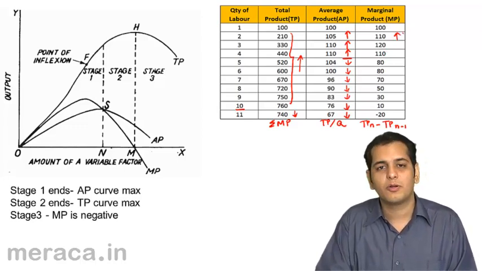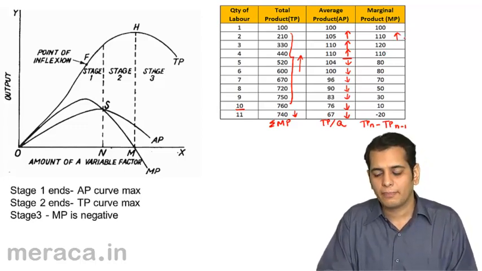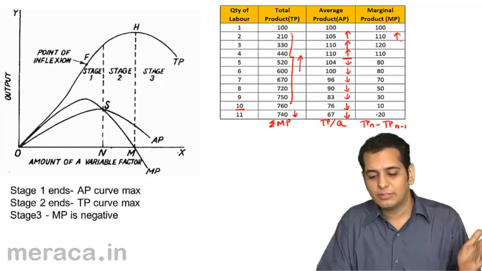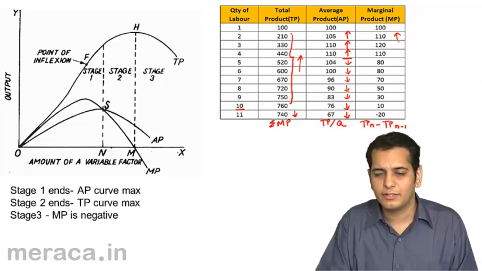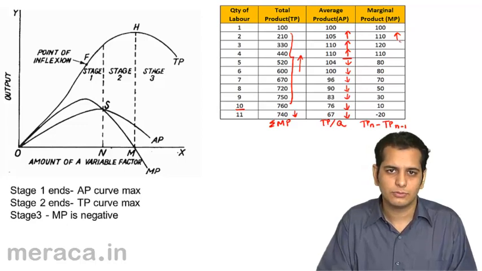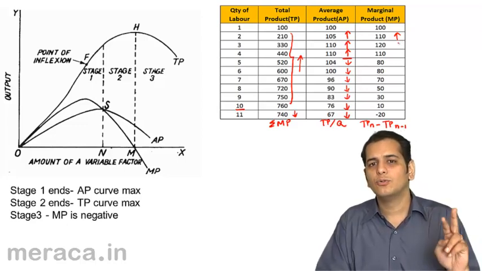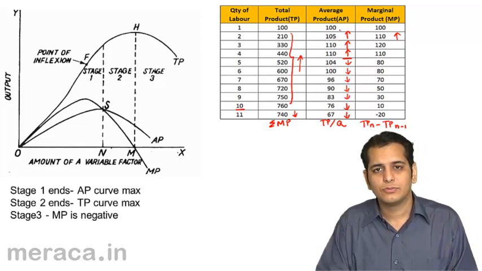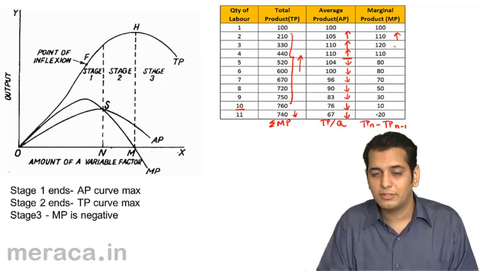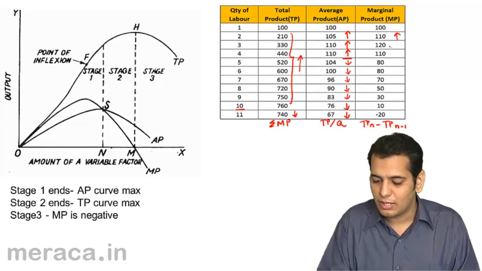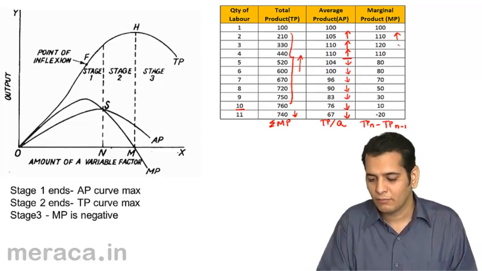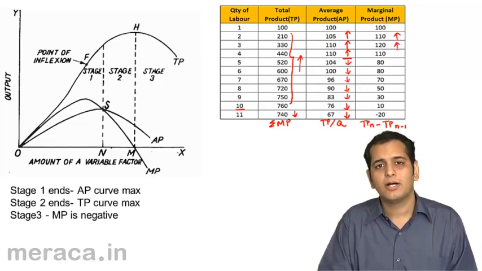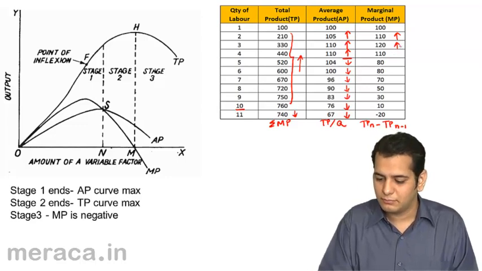So my marginal product has increased. When there are three laborers, they in total produce 330 units. But I know that two laborers produced 210, so I can calculate that the third laborer must have produced 120 units. So again my marginal product has gone up.